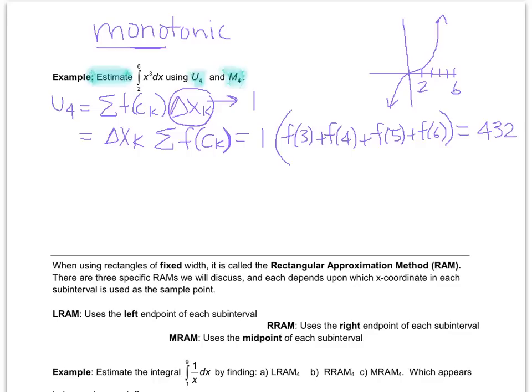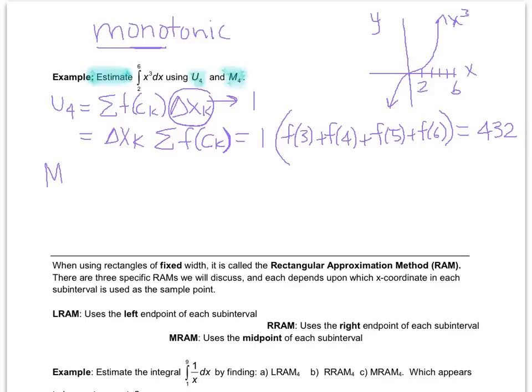So from 2 to 6, under the curve of x cubed, you're getting an estimation of that area to be 432 using an upper Riemann sum.